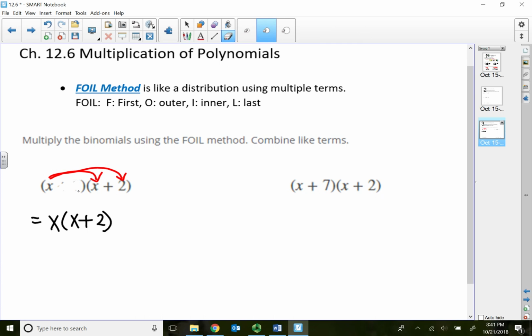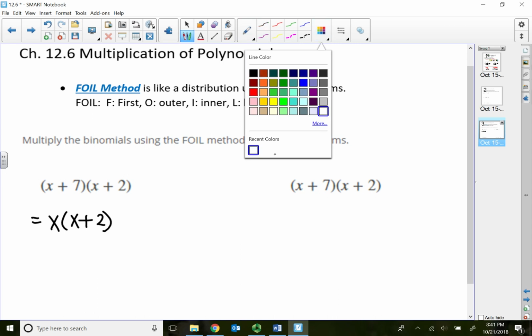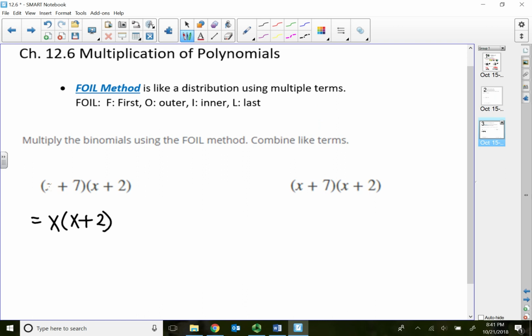All right, so let's try this. Let's pretend the x is not there, just a positive 7 right here. When you see one term times these two terms, you think about the FOIL method again.